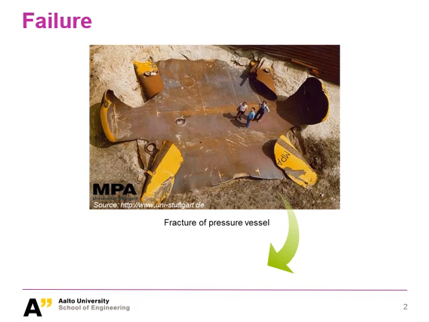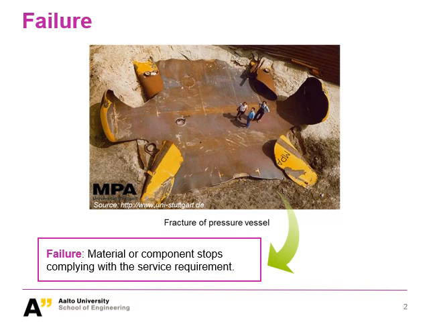And how do you define it? I would like to give the following definition. Failure is when a material or component stops complying with the service requirement. This is very general and really covers a lot of types of failure, because failure is always related to a service requirement.